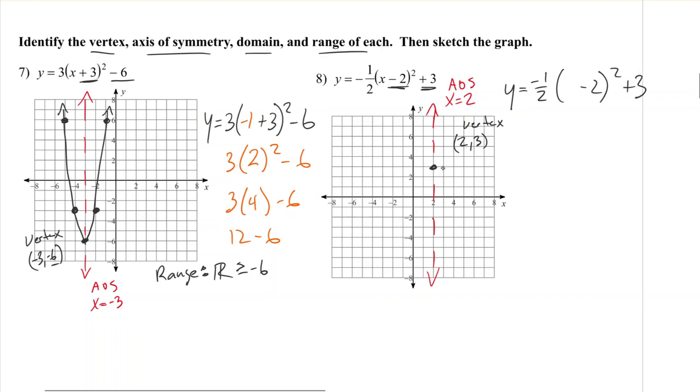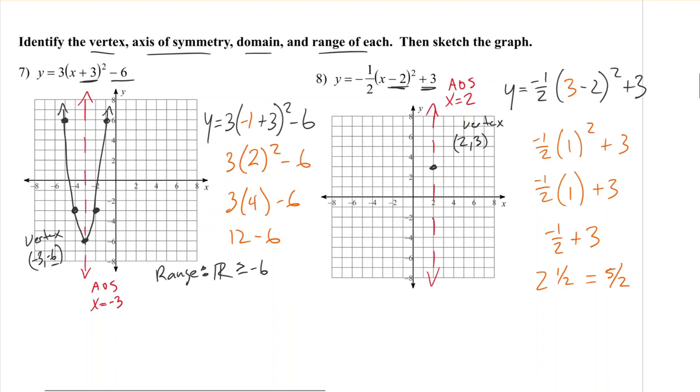And the first number that I'm going to plug in is going to be a 3, because that's one number to the right, so we'll sub in a 3 here. 3 minus 2 makes 1, so this is -1/2 times 1 squared plus 3. 1 squared makes 1. -1/2 times 1 plus 3. -1/2 times 1 makes -1/2, and 3 minus 1/2 is 2.5, or 5/2.